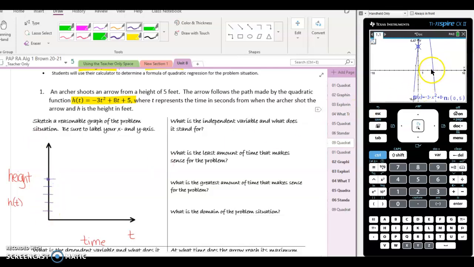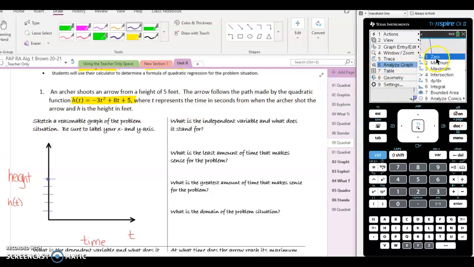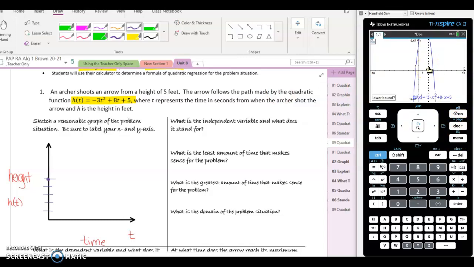I also need to know where this thing is going to hit the ground. So I'm going to do menu, analyze graph, and zero, because I want to know how long it's going to take for it to get there and hit the ground. We've done these types of problems before. We know the questions it's going to ask.